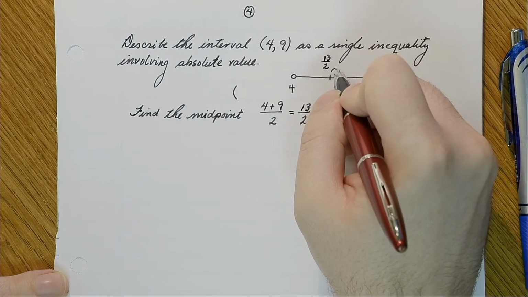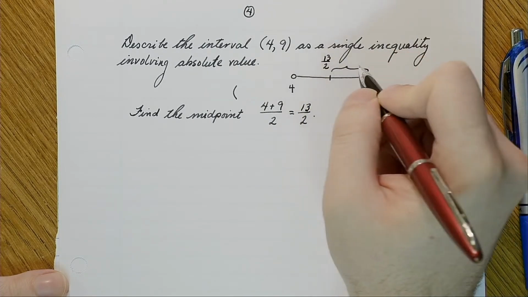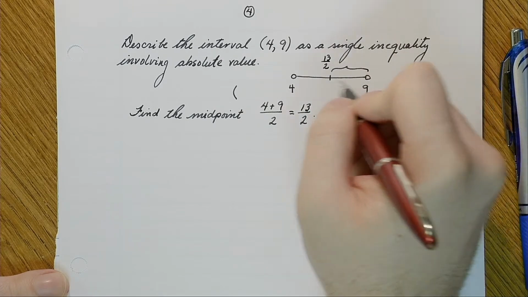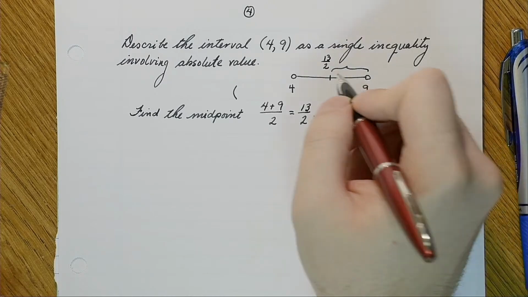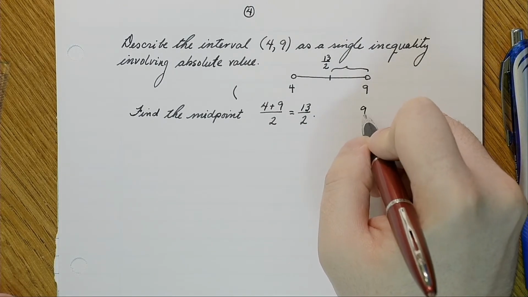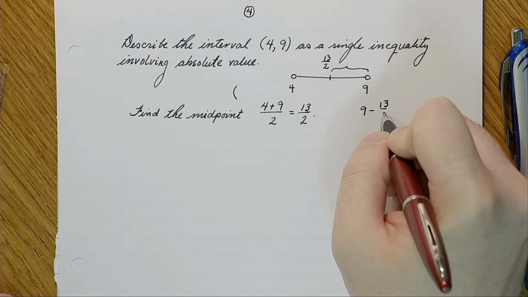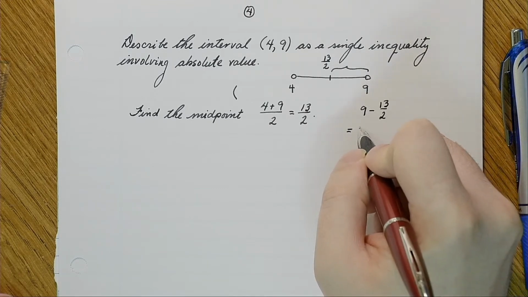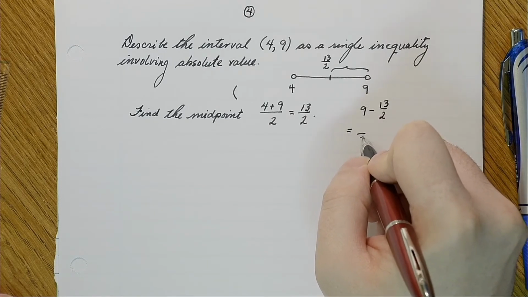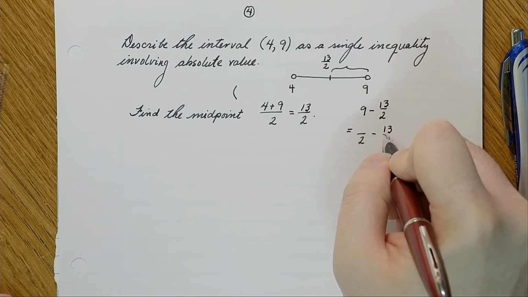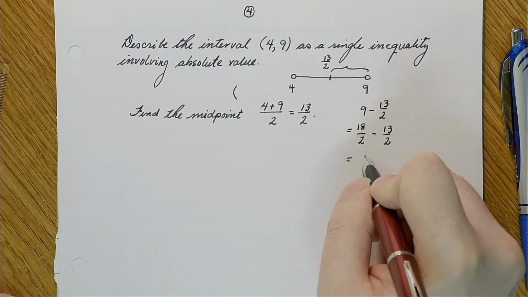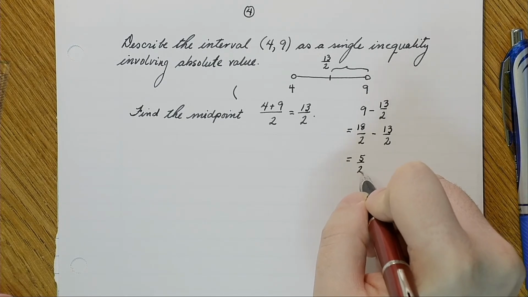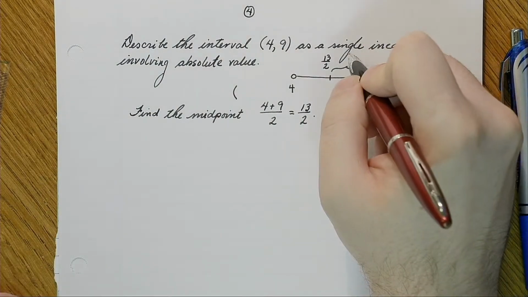Then we need to figure out what the distance is from 13 halves to the 9, or we could have done it to the 4. The distance between that is 9 minus 13 halves, or writing it over 2, 9 times 2 is 18, 18 minus 13 gives me 5 halves. So there's 5 halves here.